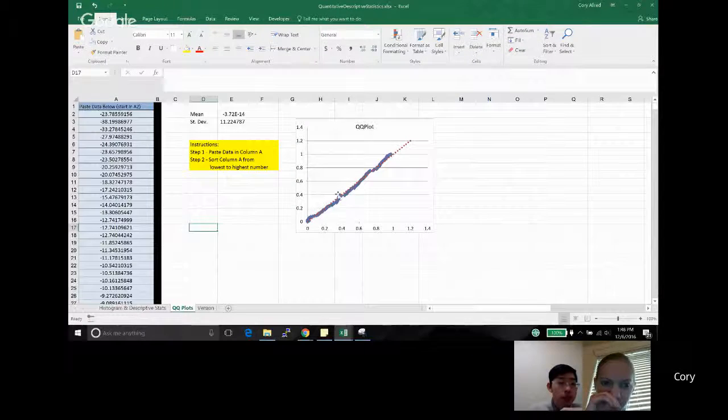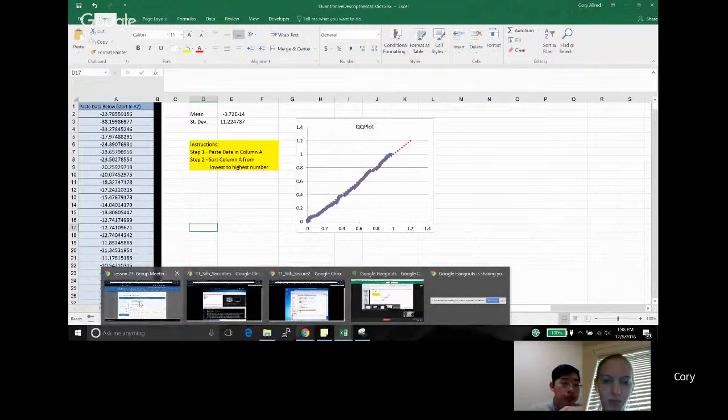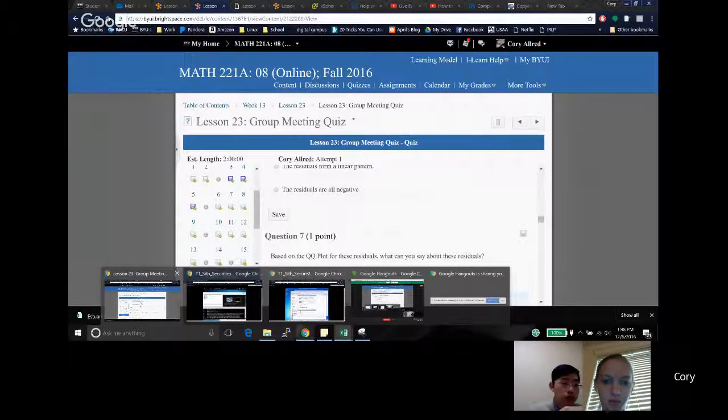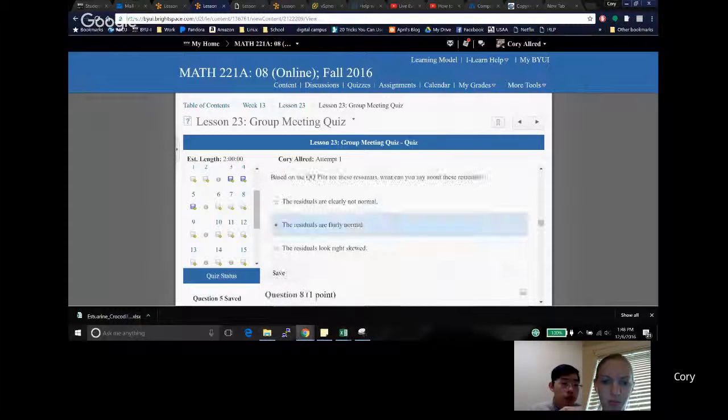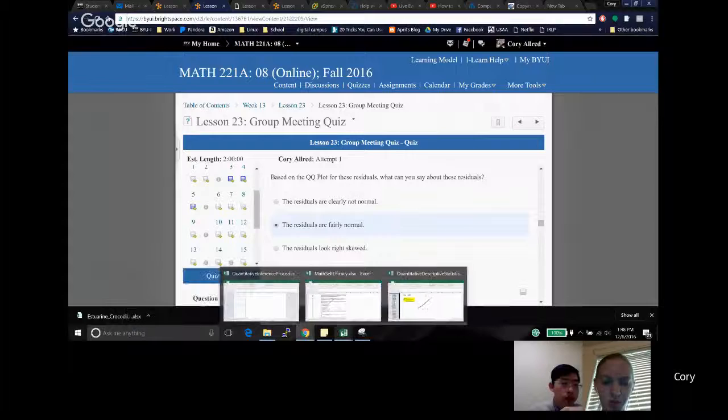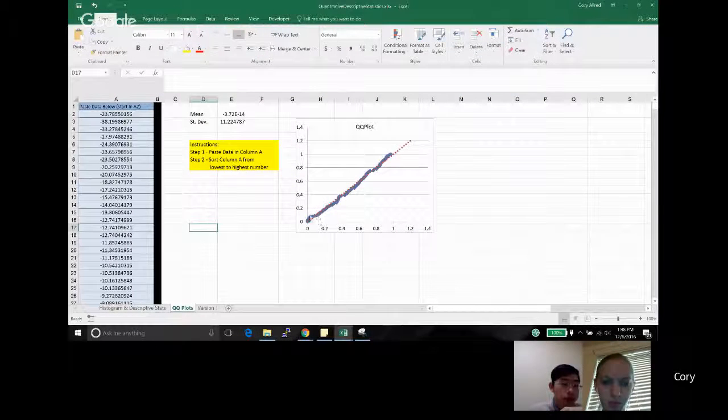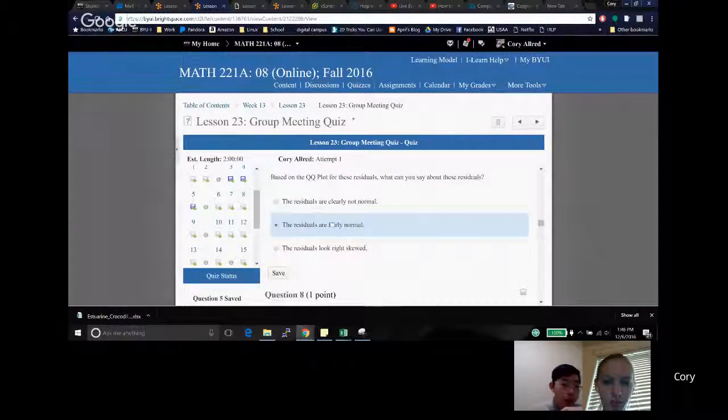And then I look at the QQ plot. For the most part, they're pretty much right on the line. There's not a whole lot off. Okay, so it's normal. Yeah, so here they're normal.